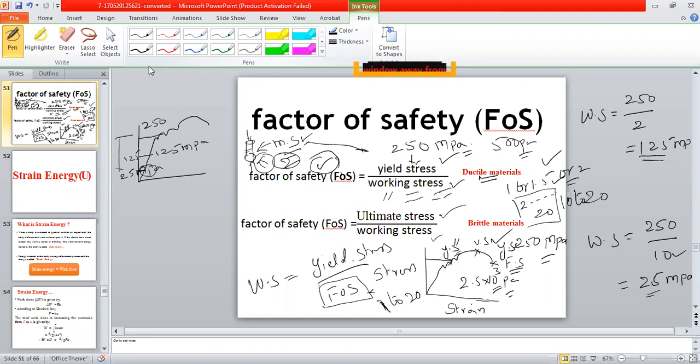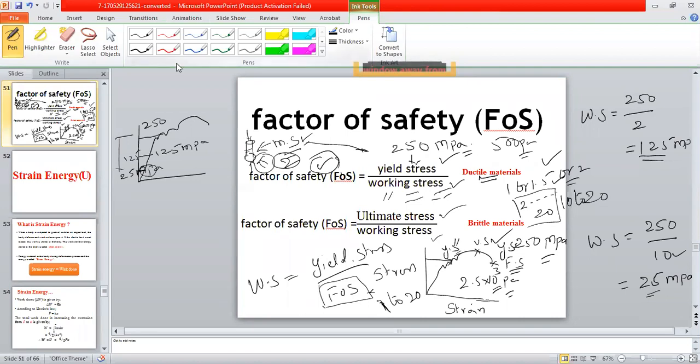Our criteria is that the component should not fail even if I increase the load. Therefore, we need to take a higher factor of safety.